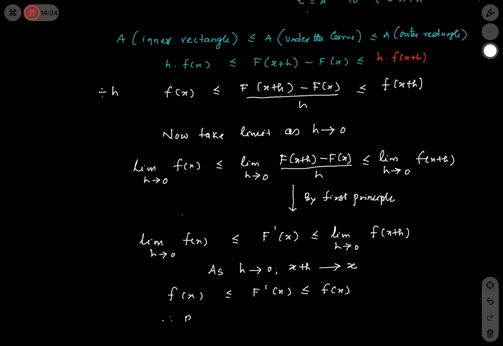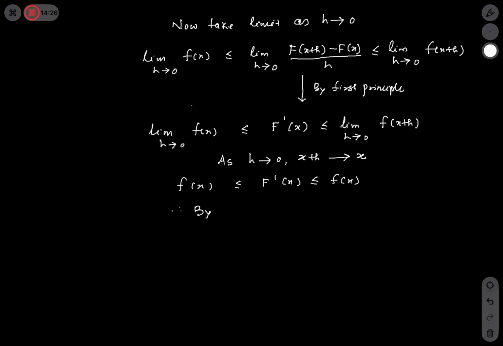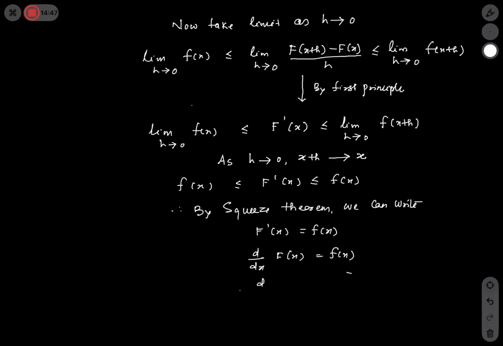Therefore, by the squeeze theorem, we can write F'(x) equal to f(x). So d by dx of F(x) is equal to f(x). So d by dx of the integral from a to x of f(t) dt is equal to f(x). Hence it is proved.